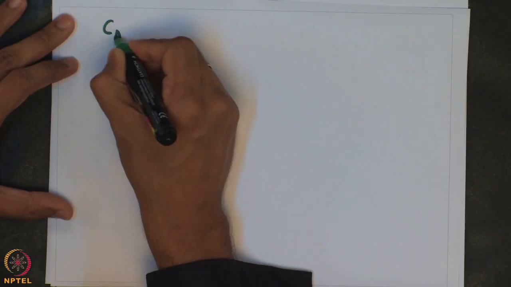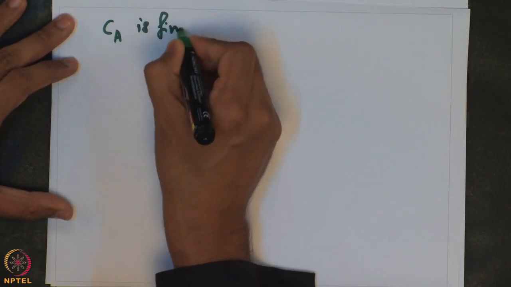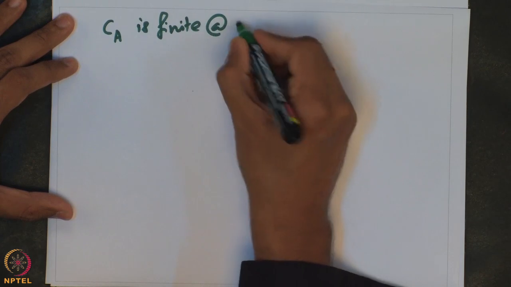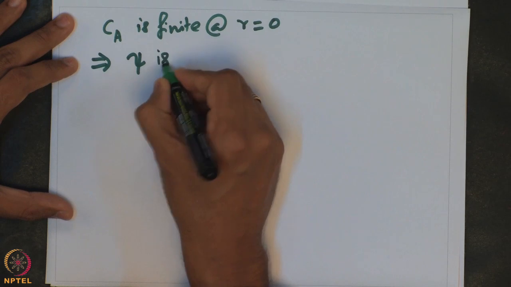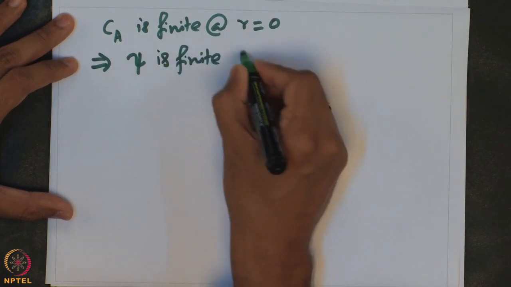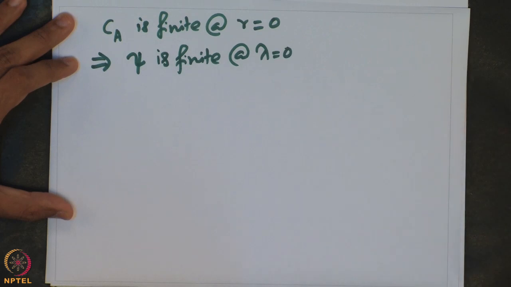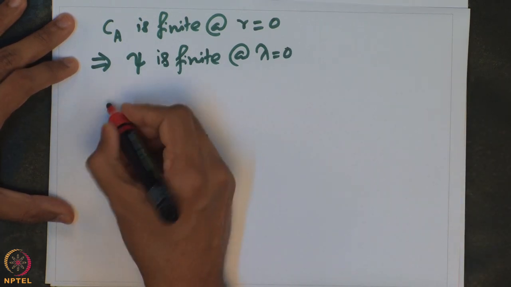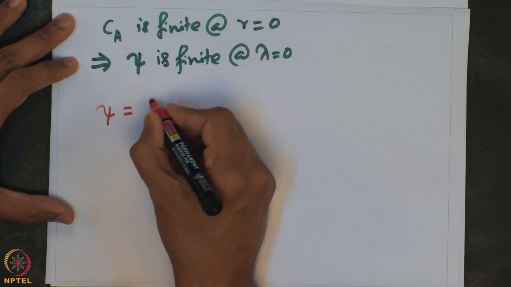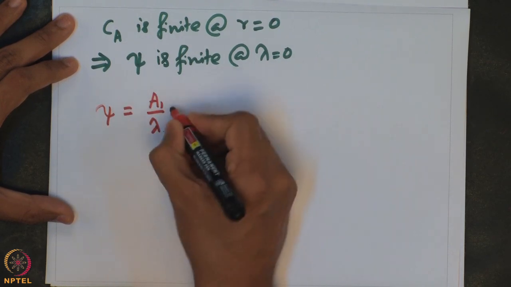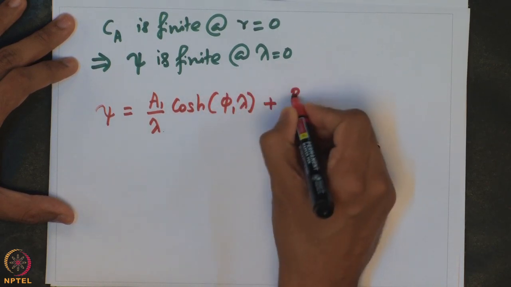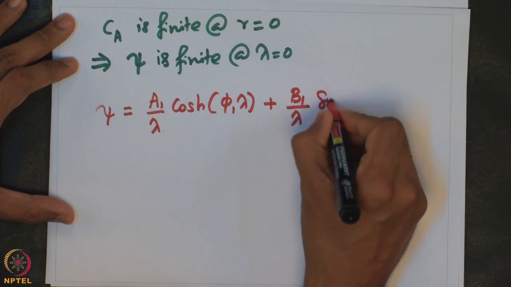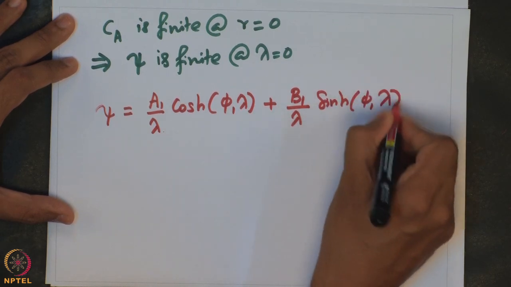The first boundary condition we want to use is that the concentration Ca is finite at r equal to 0, which means that the dimensionless quantity psi is finite at lambda equal to 0. So, if I look at the general solution expression, psi is equal to a1 by lambda cos hyperbolic phi 1 lambda plus b1 by lambda sin hyperbolic phi 1 lambda.